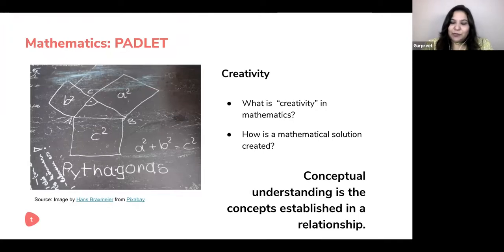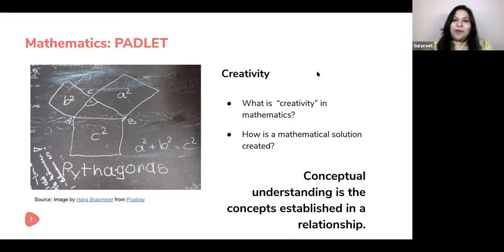Sometimes you'll find a mathematics teacher coming to you and saying, I don't believe it, that was such a beautiful solution to a problem, or that was such an elegant equation. And all of a sudden you have this puzzled question mark on the faces of other people: how could a solution be elegant? But creativity in mathematics means different things.